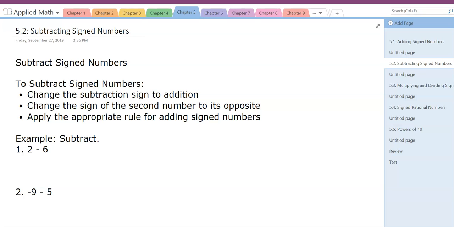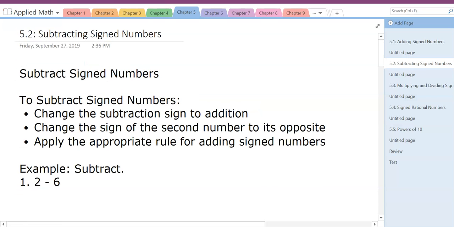Usually what they say, or they kind of guide you in doing, is in order to do a subtraction problem, change it to an addition problem, because addition is usually easier to do than subtraction. So change the subtraction sign to addition, but then that also means that you need to change the sign of the number that follows after it. You may have heard "keep, change, change."